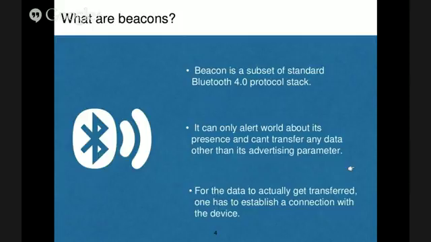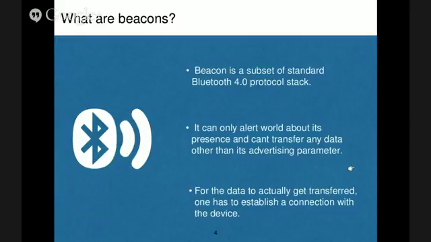With those kinds of beacons, we can simply call it an access point. They will broadcast their parameters so that a user can sense the presence of the beacon, and if that beacon is tied up with some device, the user can establish a connection, and further data transfer can happen only after making a connection.